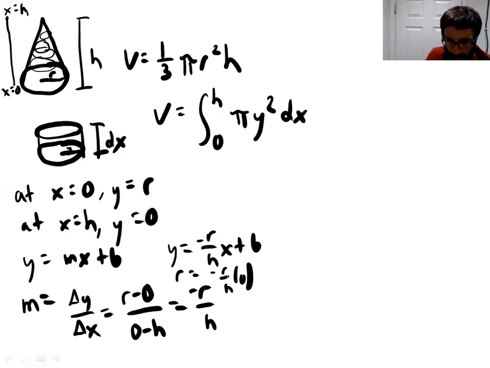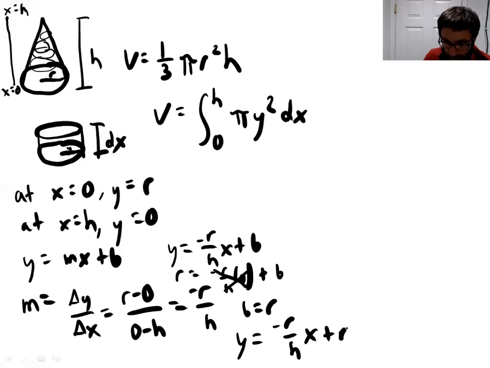So that whole term is times 0, so that goes away, plus b. That tells us that b equals r. Good. Now we have both our slope m and our intercept b, and we can put those in. At this point, we just have to plug this in for y.